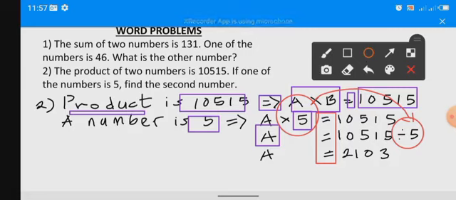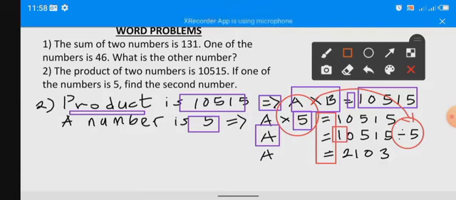Now we carry out the division. It's important to remember that when you divide, you divide digit by digit. So we want to divide this. We begin with 1. 1 divided by 5 is not possible.